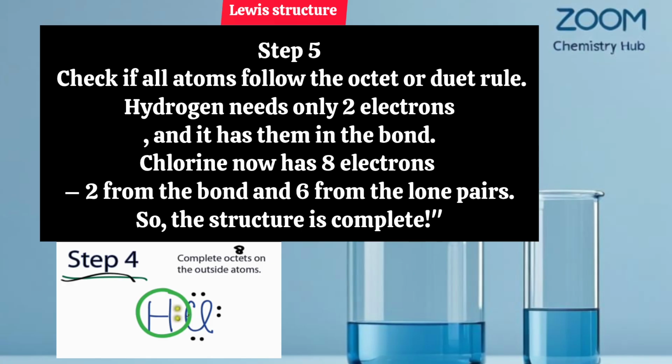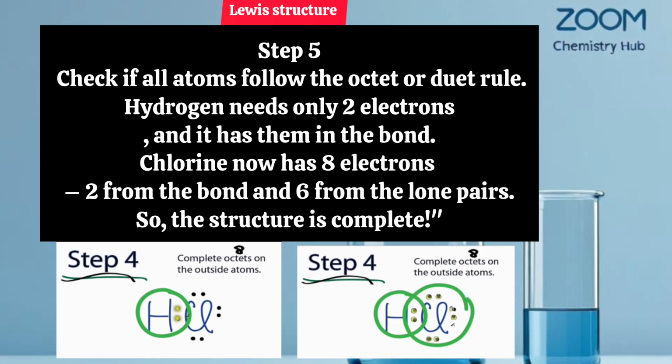So hydrogen needs only 2 electrons, and chlorine now has 8 electrons, 2 from the bond between hydrogen and chlorine and 6 from the lone pairs. So the structure is complete and chlorine completes its octet. So both the atoms are now happy to complete their octet and duet.